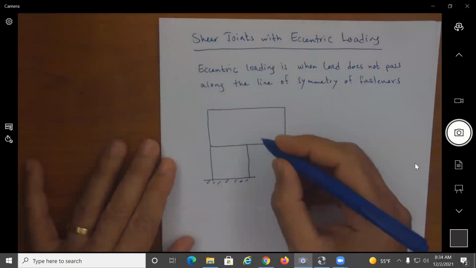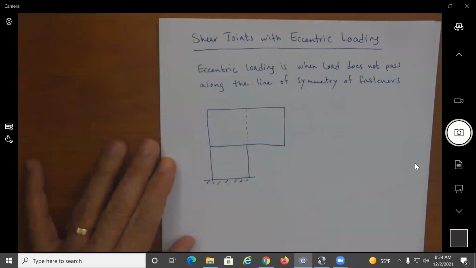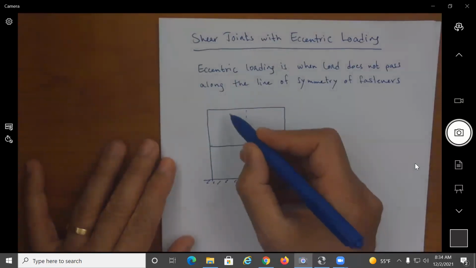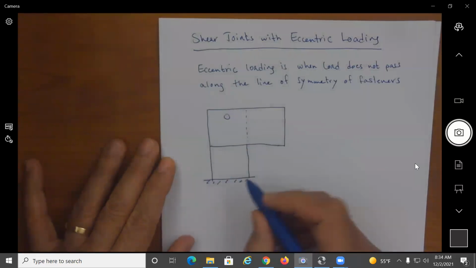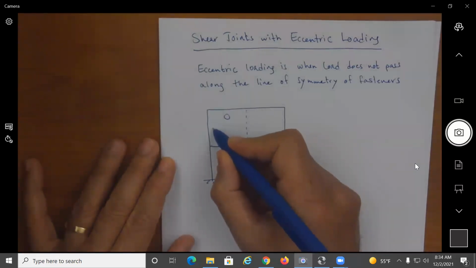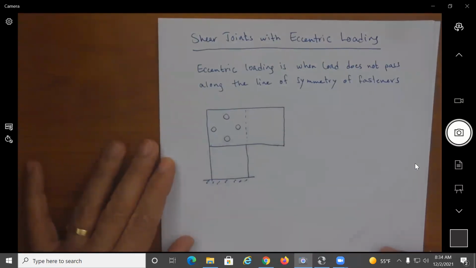And then I have an array. So this member, of course, would extend here like this. You just cannot see. And this is fastened. These members are fastened together by an array of fasteners, maybe something like this.